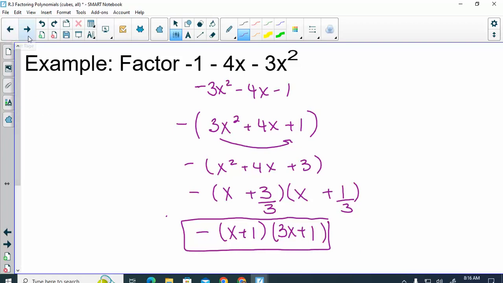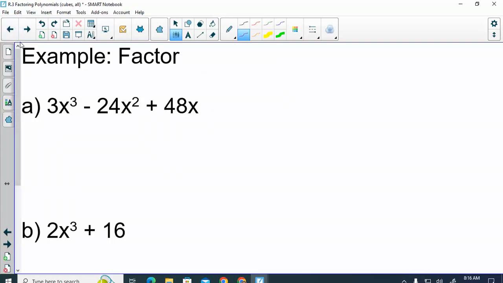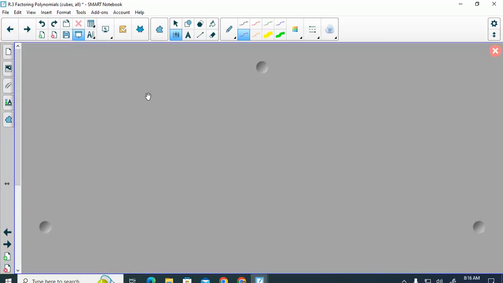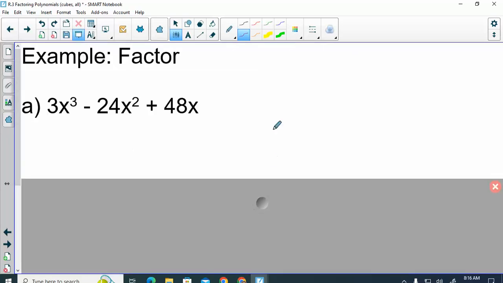What if we use these? So we have x squared minus 8x plus 16.